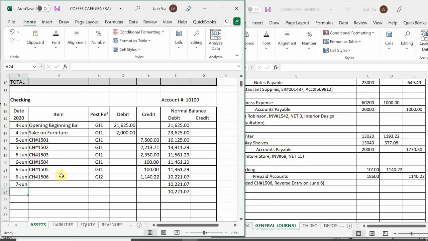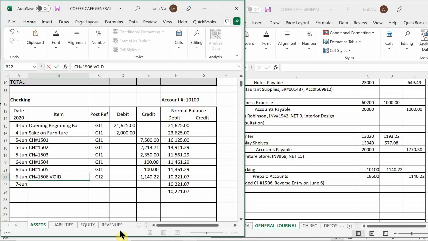I'm also going to edit this and say this was voided as well. That's this line right here. You're going to say check number 1506 was voided.